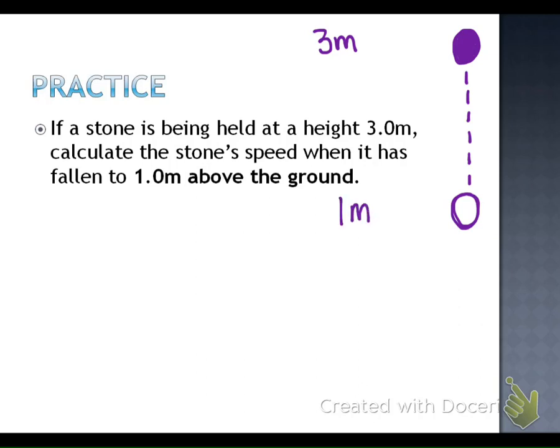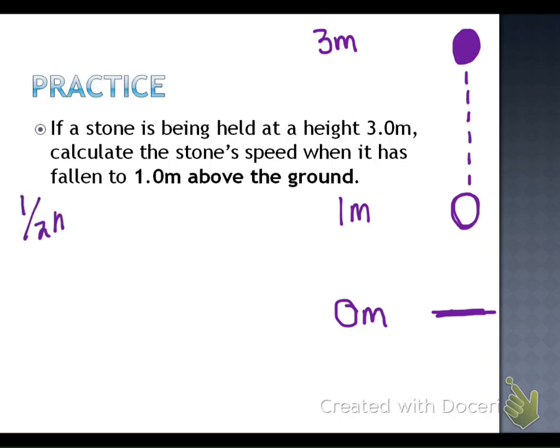All right, so we've got this stone. It's being dropped, and it's now 1 meter above the ground. So let's say the ground's somewhere down here. It's in its path, in its free fall. We want to think about our conservation of energy equation.